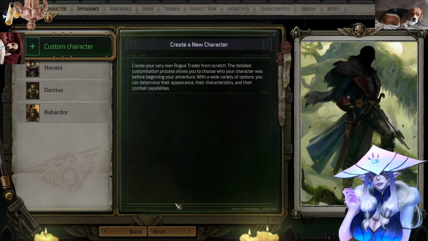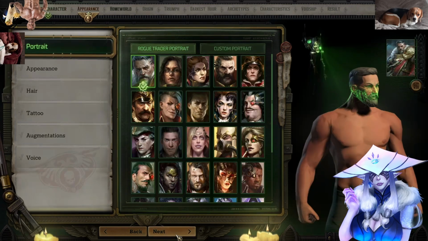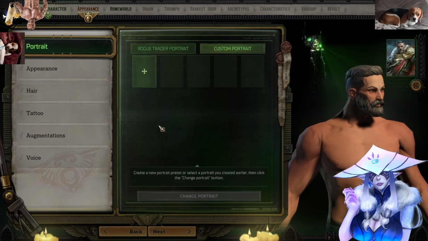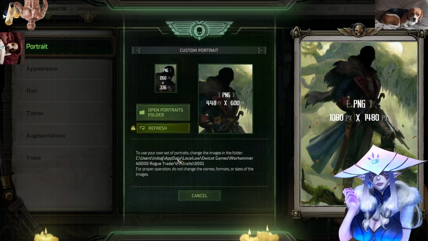Custom character, of course. So this is gonna be our main guy. Custom portrait. Create a new portrait preset. To use your own sets of portraits, change the images in the folder. C uses app data local low. Okay, and what does it want me to do?